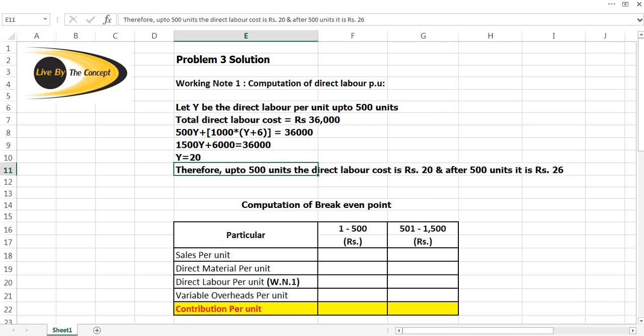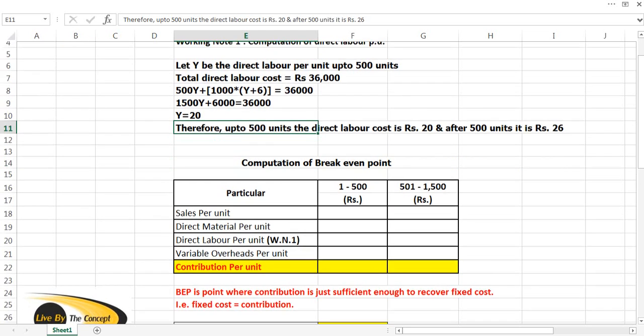Now, just because of this change in the direct labor cost, we need to understand that your contribution will also change. That means, first of all, you need to calculate the contribution for 1 to 500 units, and then you need to calculate the contribution for 501 to 1500 units. So let us just go for the calculation.